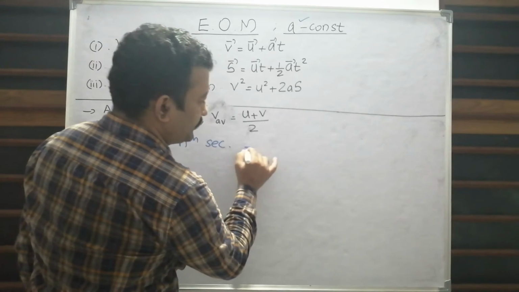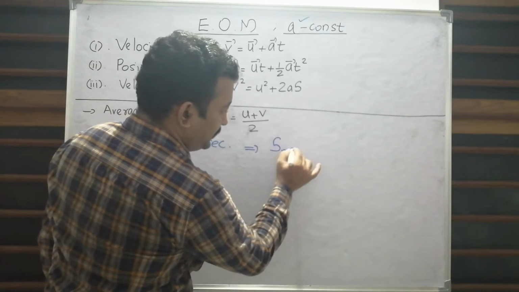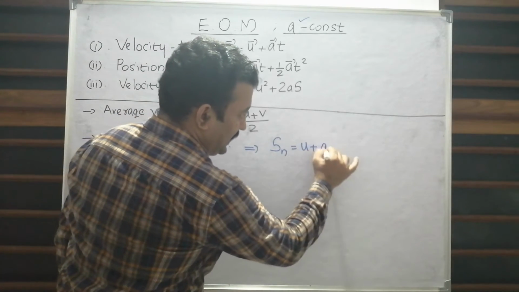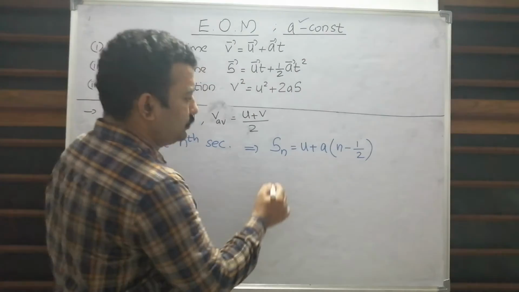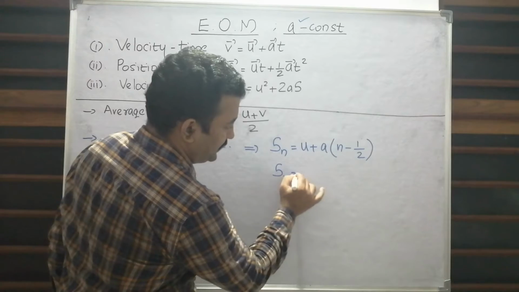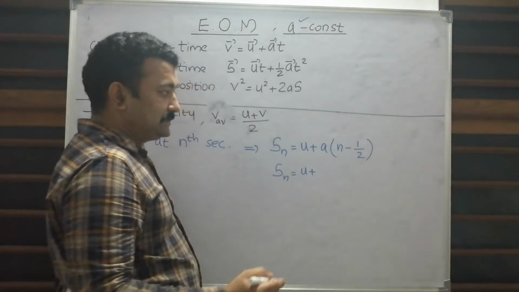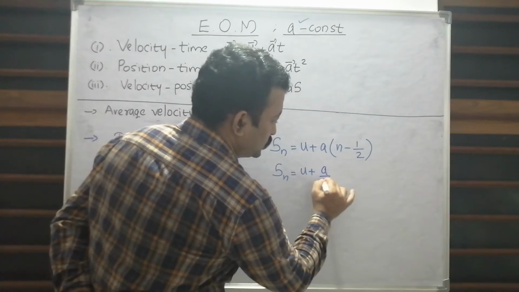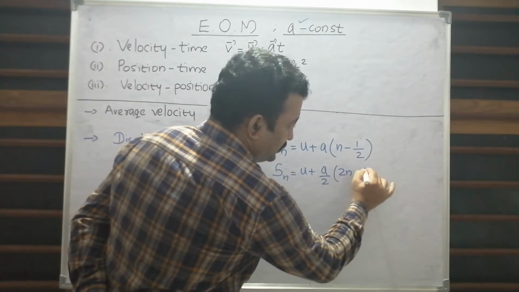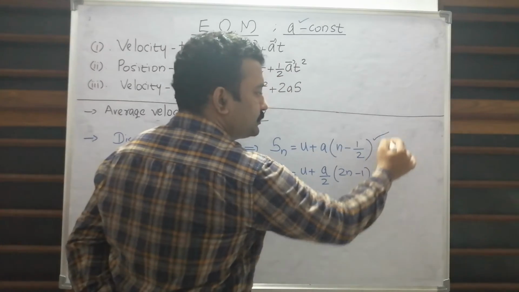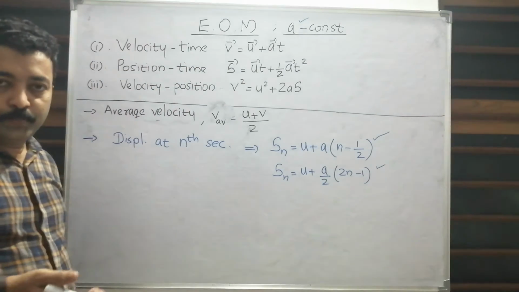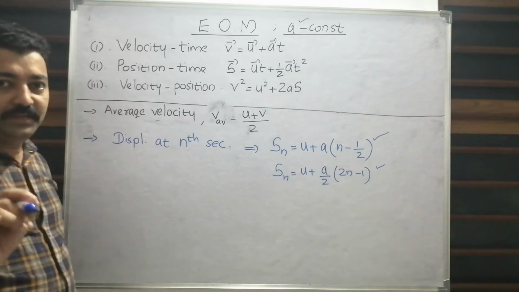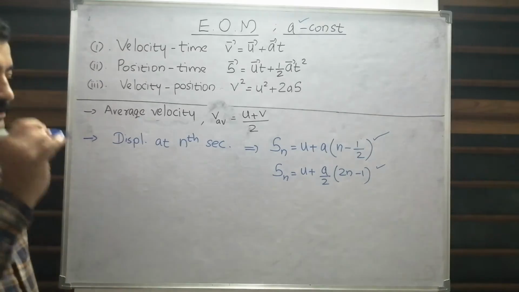That is Sn is equal to u plus a into (n minus 1) by 2, or you may write this as Sn is equal to u plus a by 2 into (2n minus 1). Some of you must have studied it in this manner, and in other textbooks it might be written in this form. That is the displacement happening at the nth second of motion after start.